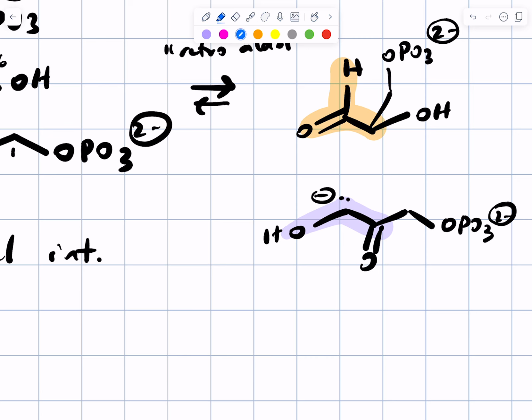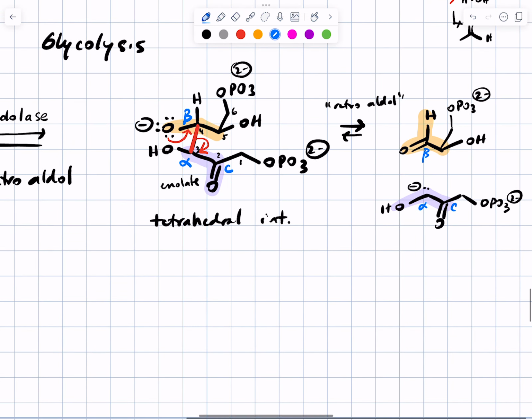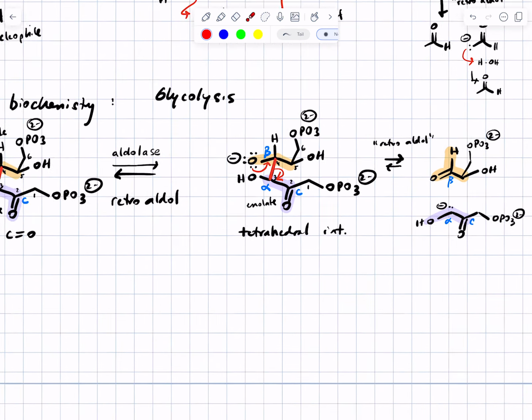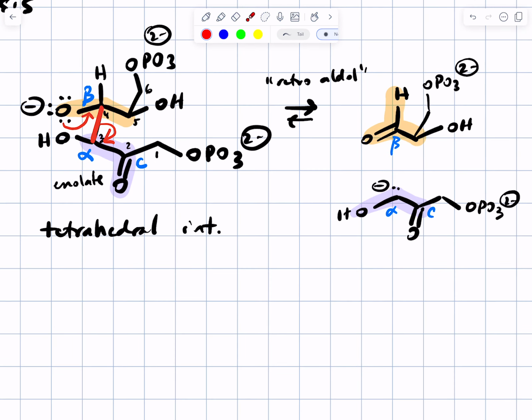So, carbonyl carbon, alpha carbon, and then what used to be the beta carbon. This is a key step because it splits up a 6-carbon thing that you got from glucose into 2 smaller 3-carbon pieces. This one happens to be called glyceraldehyde 3-phosphate.